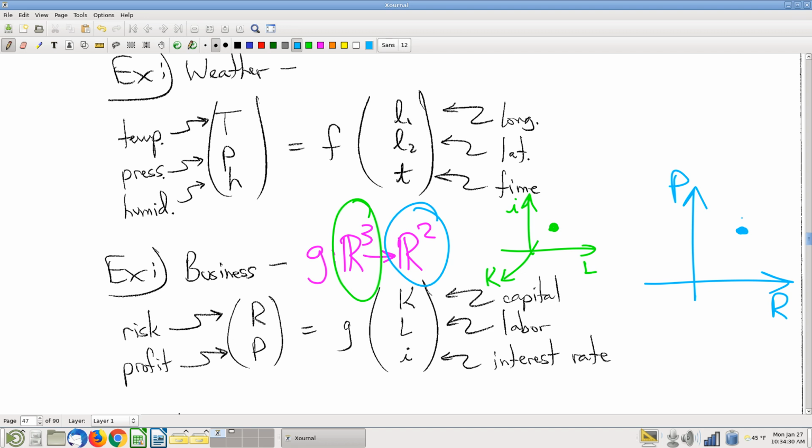And so what does this function do? Well, a representation of some of what this function does is it takes that point to that point. Now, it's not a great visual aid either, right? Let me pick on my own picture here.